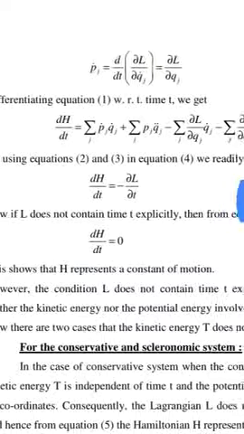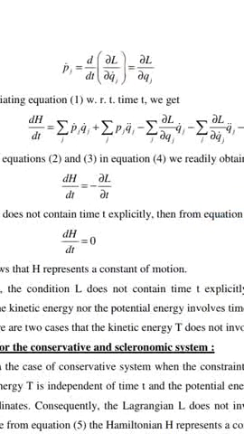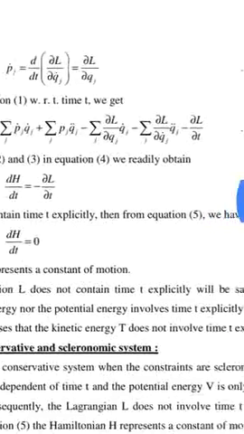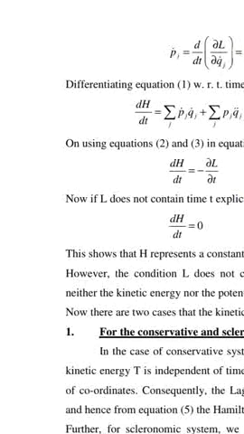Differentiating equation 1 with respect to t, therefore dH by dt is equal to summation of Pj dot Qj dot plus summation of Pj Qj double dot minus summation of dou L by dou Qj Qj dot minus summation of dou L by dou Qj dot Qj double dot minus dou L by dou t.